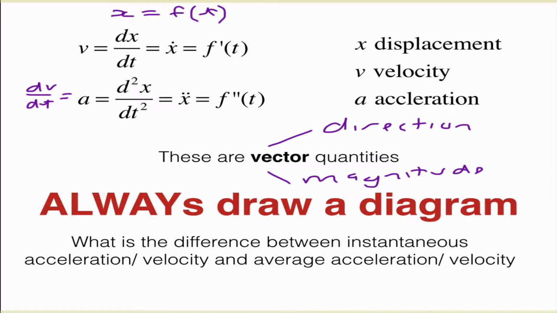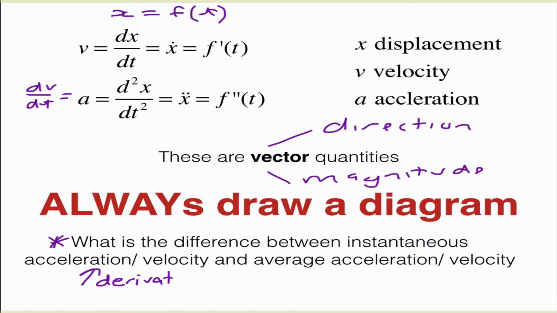A couple of things to think about: it almost always helps to draw a diagram when dealing with kinematics problems. It just helps you get an idea of what's actually going on in the situation. Also really important is to identify the difference between instantaneous acceleration and velocity, and average acceleration and velocity. Instantaneous acceleration and velocity are the ones we find by finding the derivative.